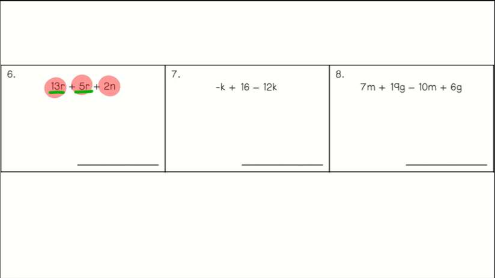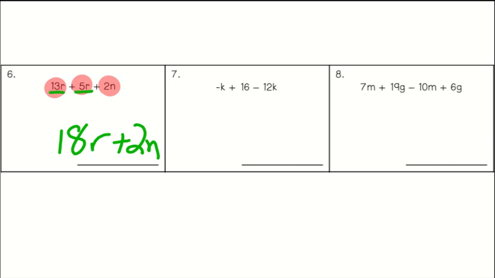Variables can only be combined with the same variable. Constants can only be combined with constants. So I can combine the 13r and the 5r. That makes 18r. And the 2n, there's nothing to combine it with. And that's where you would stop. We can't combine r's and n's or whatever different variables you might have.